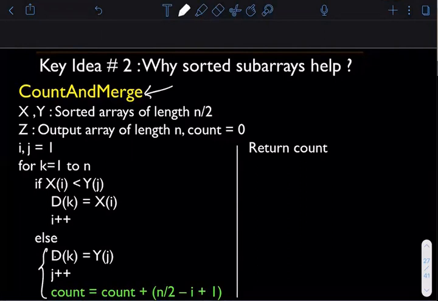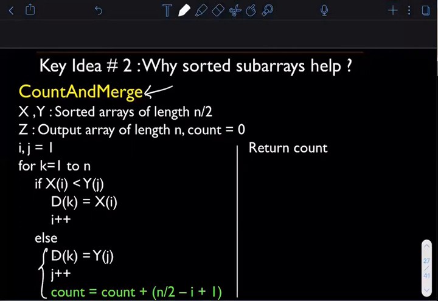Yeah, so y_j is less than x_i, then not only do I place the current y_j into the output array and advance j, but I also increase the count of split inversions. Okay, by how much? By n/2 minus i plus 1. Remember, it's the number of remaining elements in the first half of the subarray, in the first subarray. Okay, that is it.